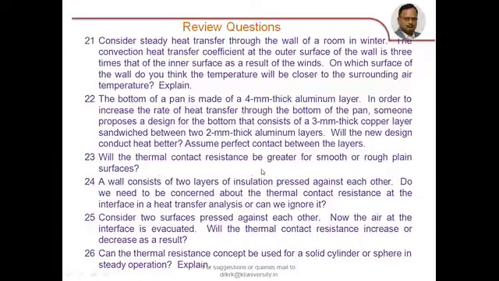Next, will the thermal contact resistance be greater for smooth or rough surfaces? Then a wall consists of two layers of insulation pressed against each other. Do we need to consider thermal contact resistance at the interface or not? Next, consider two surfaces pressed against each other, and the air at the interface is evacuated.